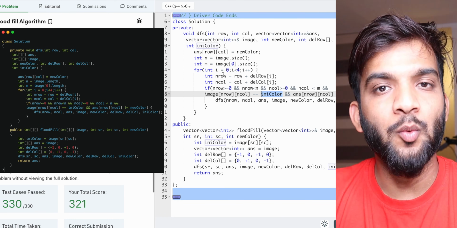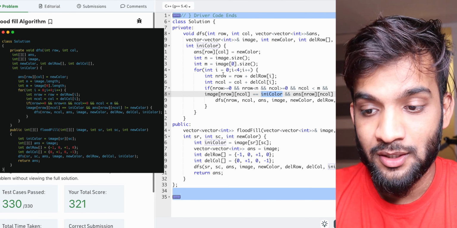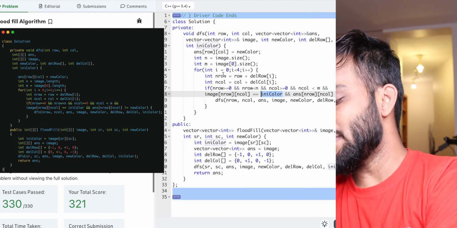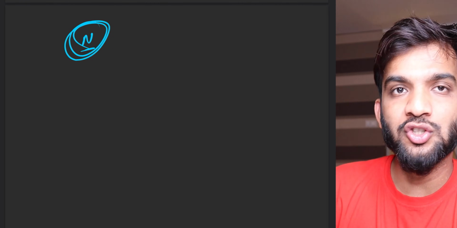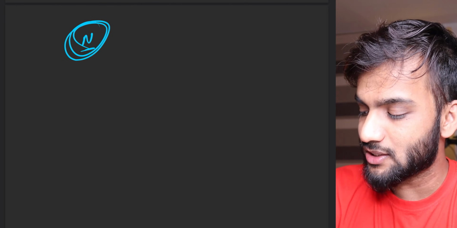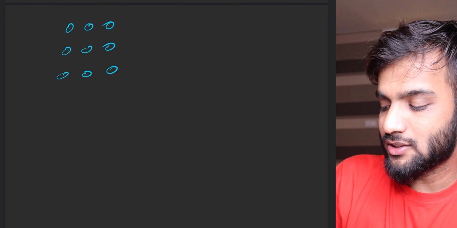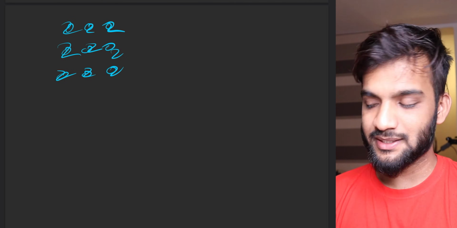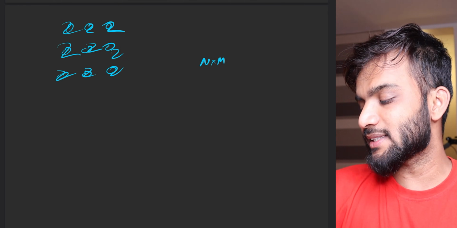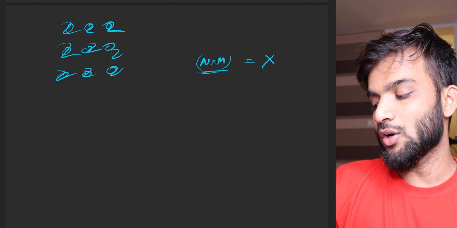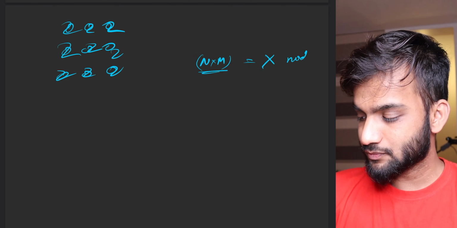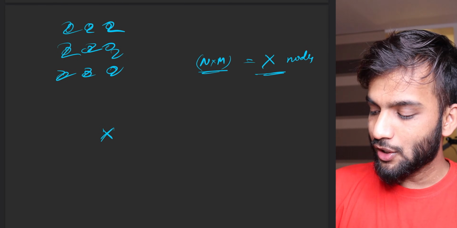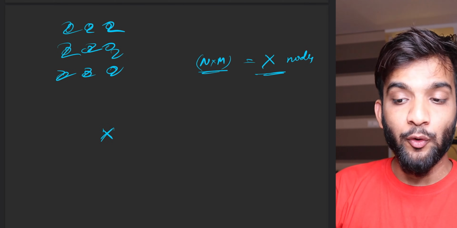So if I ask, what is the time complexity? You know that the time complexity is generically like you have n nodes. Imagine the worst case, where all the matrix cells are connected. Imagine this is 2, this is 2, this is 2, all of them have the same pixel colors. So at the worst case, call it x number of nodes. If there are x number of nodes, for every node, you're traversing 4 neighbors, right?